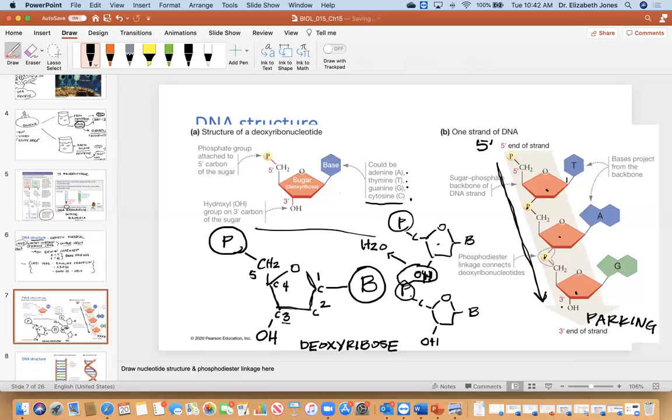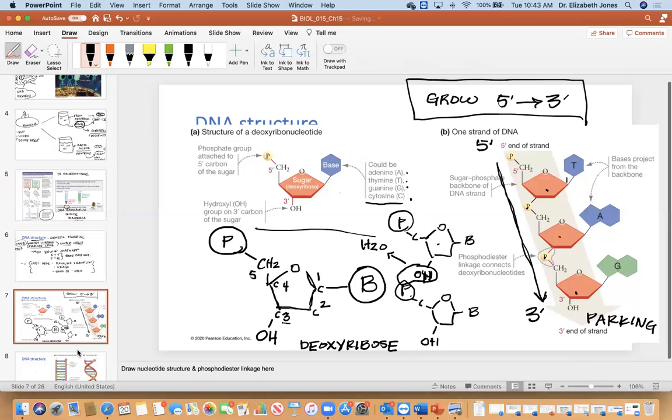And then down here, we call this the 3' end because this OH group is closest to this 3' carbon on the sugar. So an important thing to note on the structure of DNA is that it can grow only in the 5' to 3' direction. That's the only way a DNA molecule can grow.